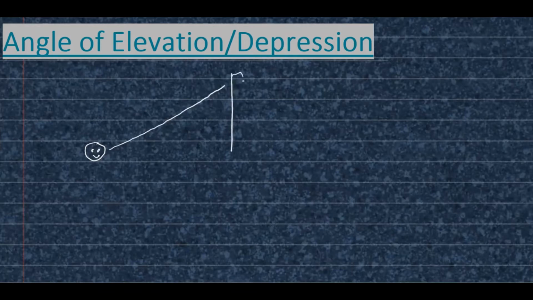From the observer's eye level, we call this the horizontal. As the observer is looking upward towards something, we create this angle from the horizontal to the observer's eyesight, and that's what we call an angle of elevation.